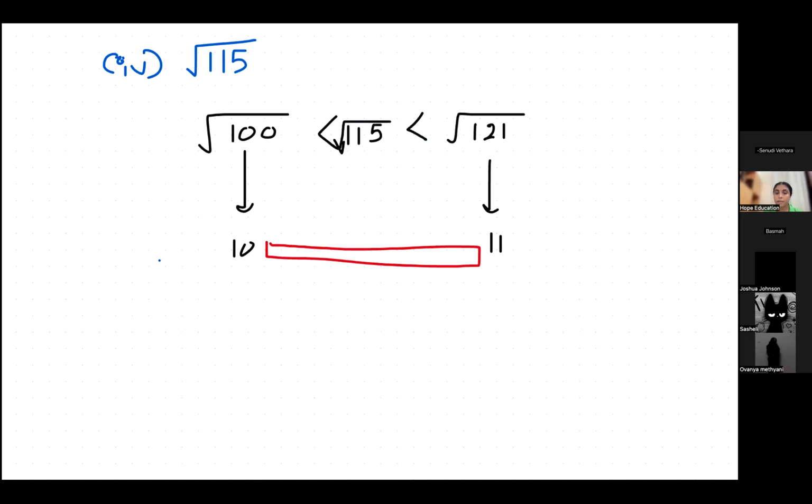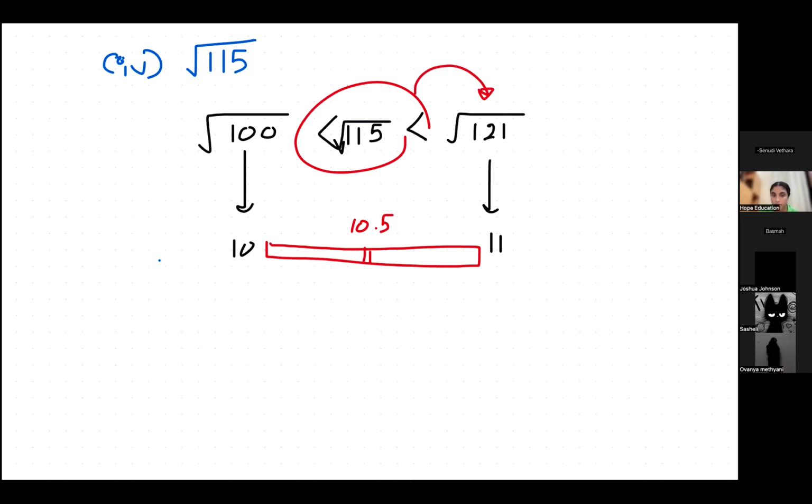The middle is 10.5. If you look at this, is 115 closer to 100 or 121? 121. Yes. Between 100 and 115, there's a 15 gap. Between 115 and 121, there's only a 6 gap. Therefore, it's closer to 121.